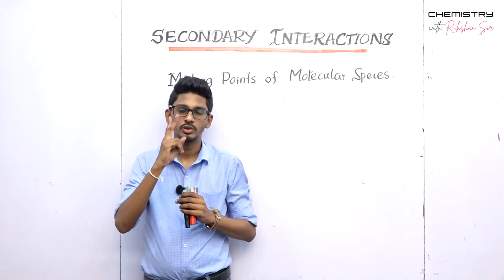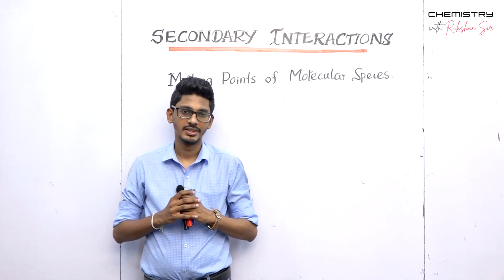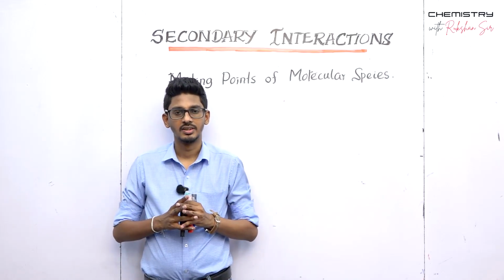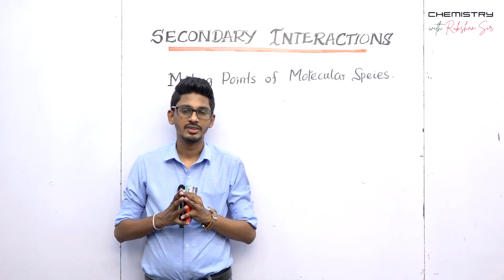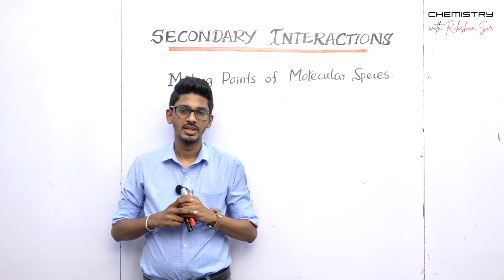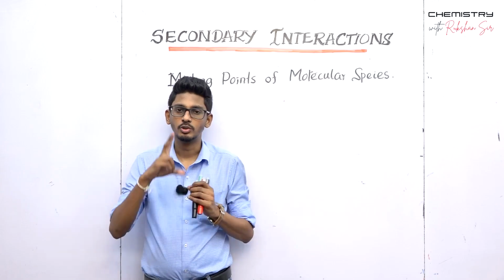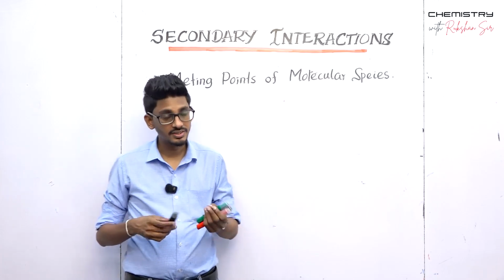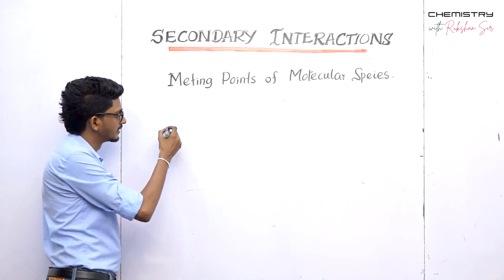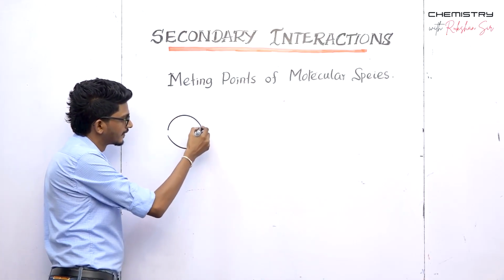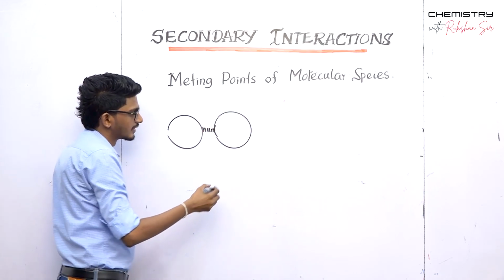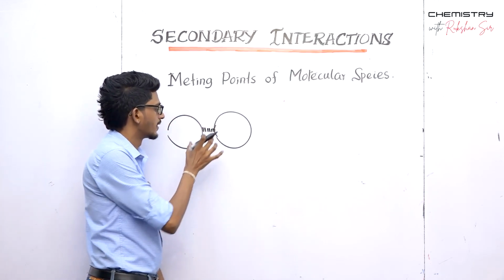To convert a solid to a liquid, or in other words, to put the particles apart from each other, you need to do two things. The first thing is, this is how solids appear.